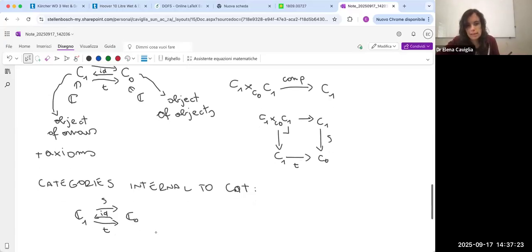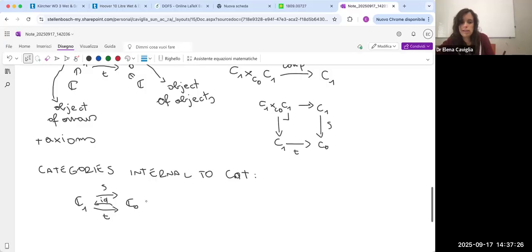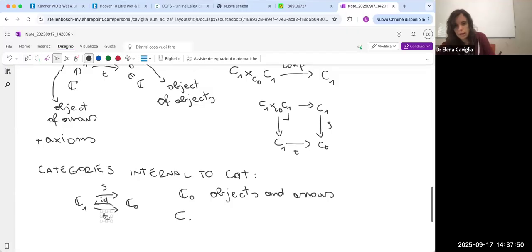So what is this telling us? C0 is now a category. So C0 in our double category is the category of objects and arrows. And C1 is also a category. C1 is the category of pro arrows and double cells.